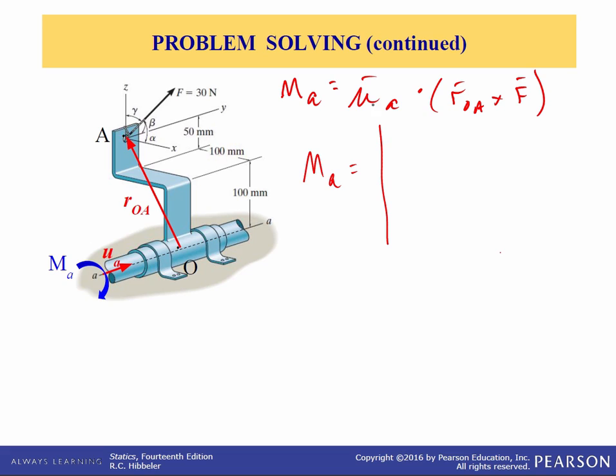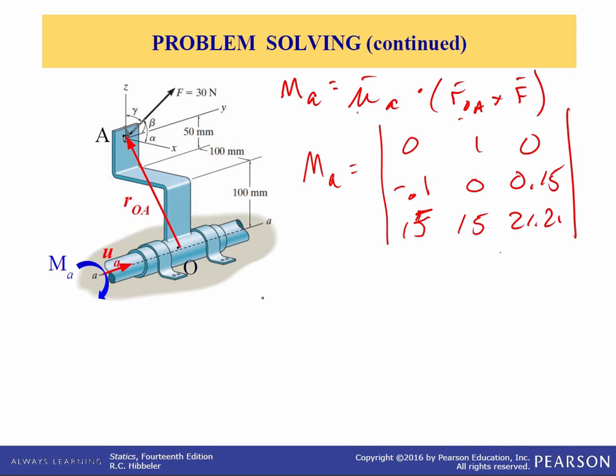Across the top is the u vector, and that was 0, 1, 0. And across the second row is the r vector, and that was minus 0.1, 0, and 0.15. And then the last row is the force vector, which is 15, 15, and 21.21. So the moment about the A axis: the only one that's going to make a difference here is crossing out the second column in the first row because these are both 0.